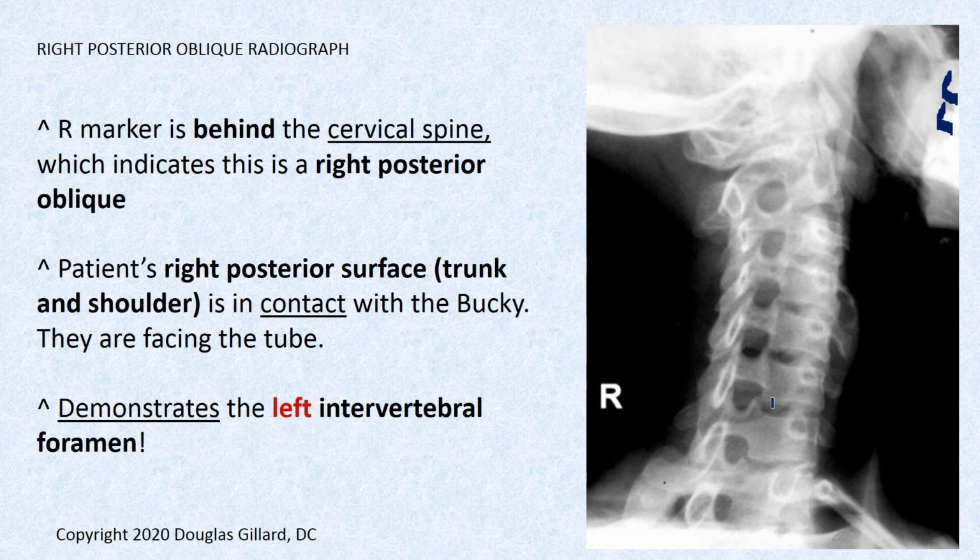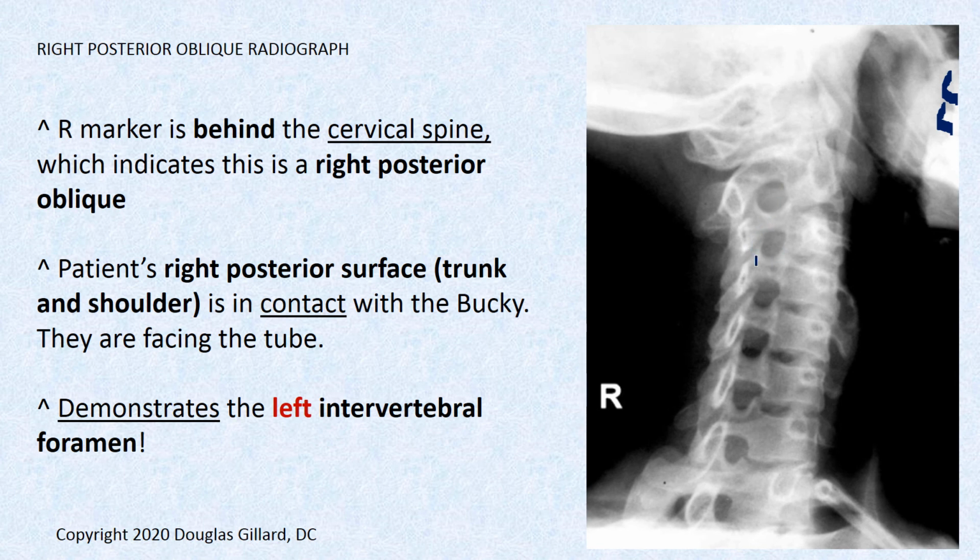There's anterior obliques and posterior obliques. They're going to drive you crazy. But just remember, when the R is behind the cervical spine, that is a posterior oblique, specifically a right posterior oblique. And here's the confusing thing. A right posterior oblique means you face, and if everybody's watched that video on my introduction to radiology, if you twist yourself counterclockwise with the right shoulder and the right trunk touching the bucky, so you're not straight, you're kind of twisted, and you shoot an x-ray beam through your neck, you're actually looking at the left intervertebral foramen.